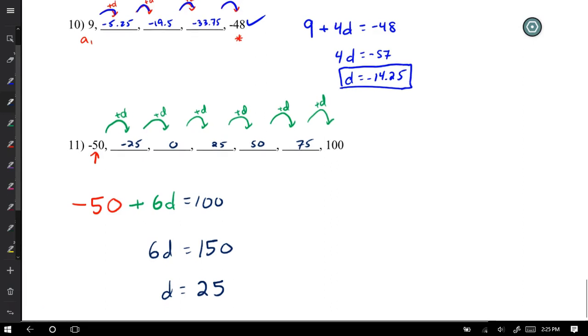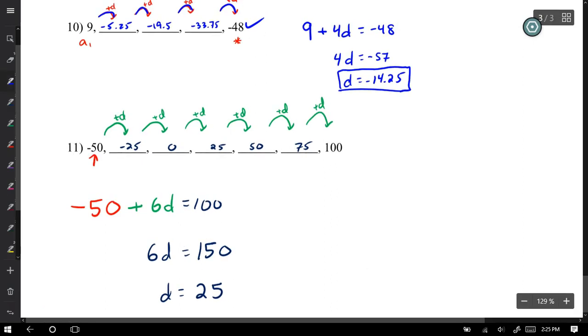It actually is the same formula as number 9. I am using this formula. I'm just looking at it logically compared to looking at the formula for it. Because I know my last term is 100, so I can see the equals 100. I know my first term is negative 50, so you can see that.